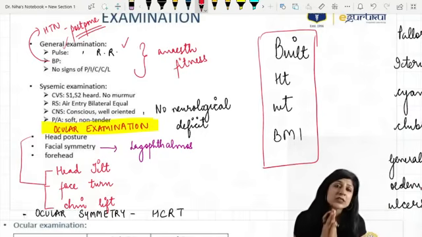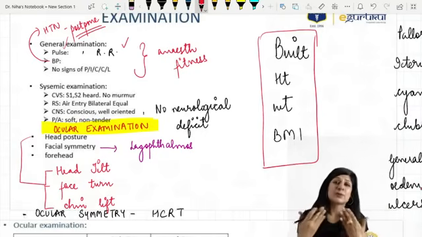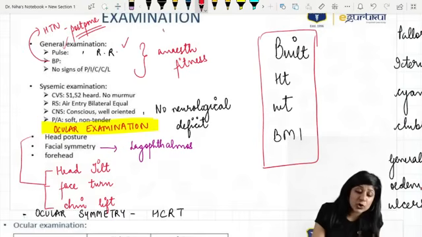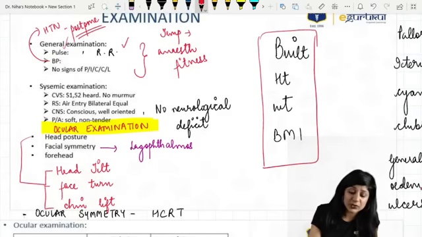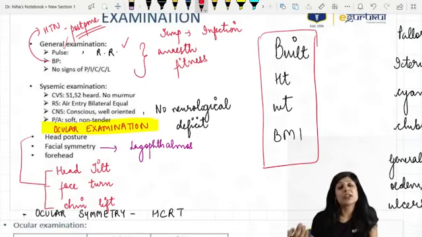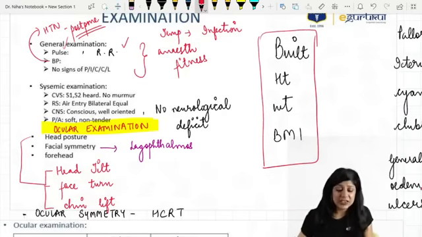So you cannot carry out the cataract surgery in a patient who does not have a normal BP, a normal respiratory rate, or a normal temperature. Even the temperature is important, because if the patient is having temperature, that can indicate infection. And obviously I would not like to do a surgery during an infective stage of the patient, because at that time the immunity of the patient will be low. If the immunity is low, there are more chances of infection and more chances of delayed wound healing. So again, the vitals are very important.